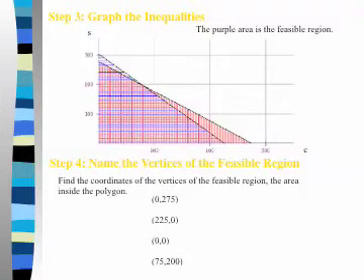And here we come up with 0, 275, which was a point I already mentioned, 225, 0, which is along the c-axis, 0, 0, which is an obvious one, and then probably the least obvious is that intersection point of the two lines. You can use your graphing calculator to find that intersection point as discussed previously, or you could use systems of equations. Either way, you come up with 75, 200.